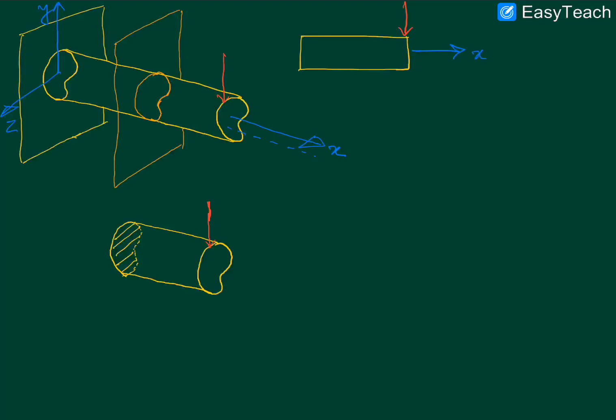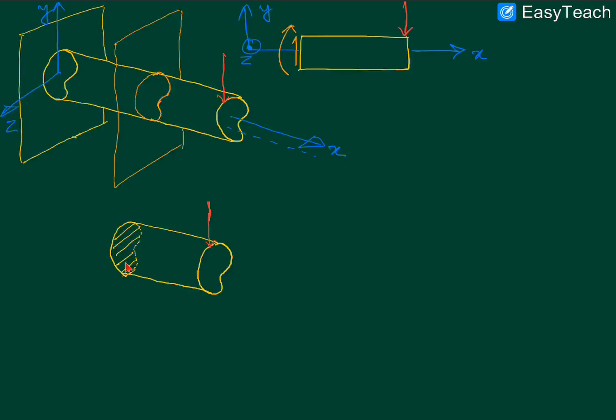So this is our X and this is our Y, and this is the Z. So we understand that there would be a shear force like this, and of course there would be a bending moment like this.